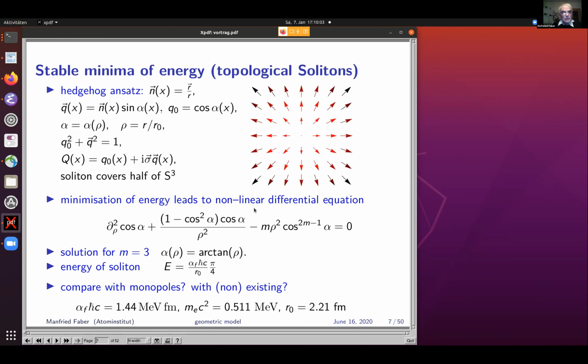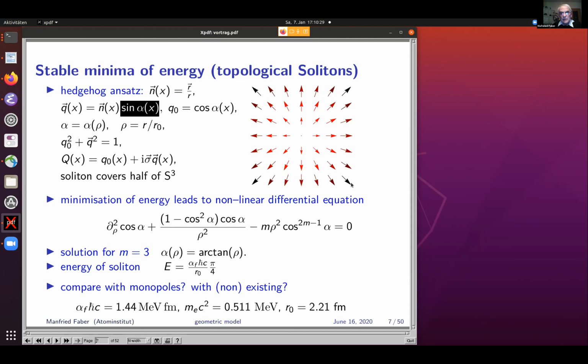So now we come to the configuration of an electron. An electron I represent here in space. This is in R3, only a plane through the center of the soliton with the imaginary part of the quaternionic field. So this is the imaginary part, and it's simply a unit vector n multiplied with sine alpha.